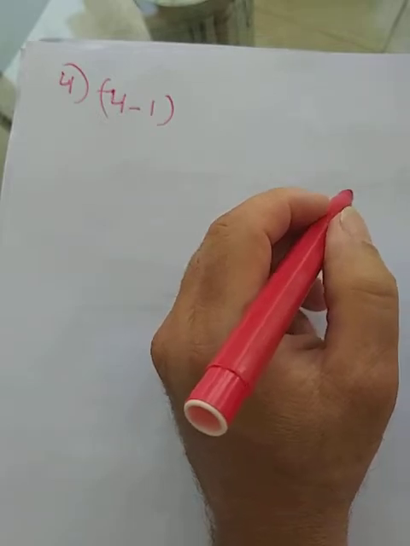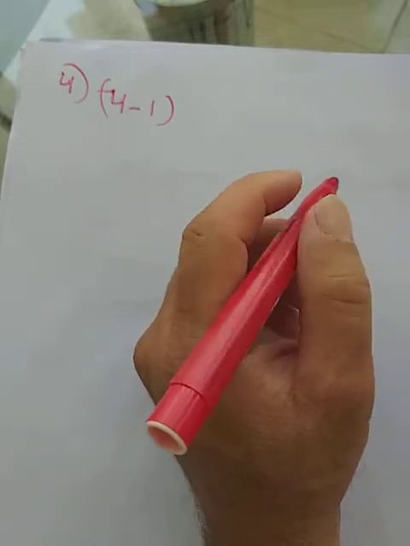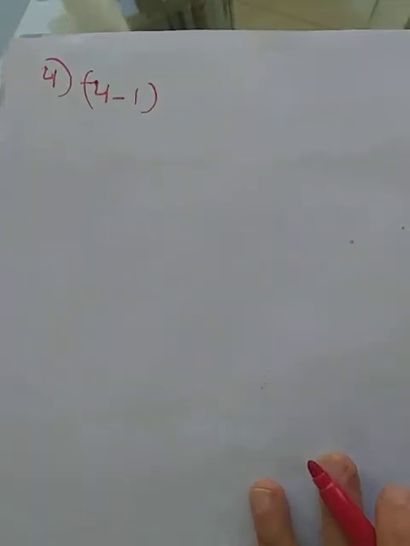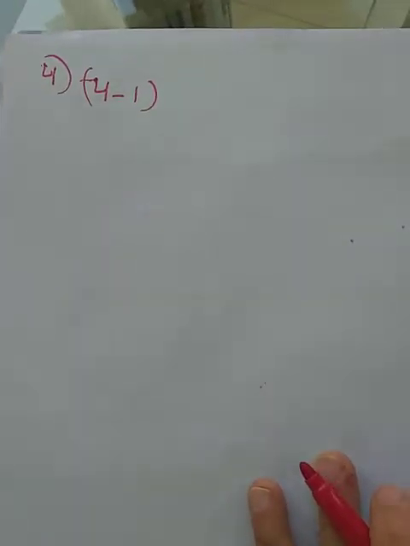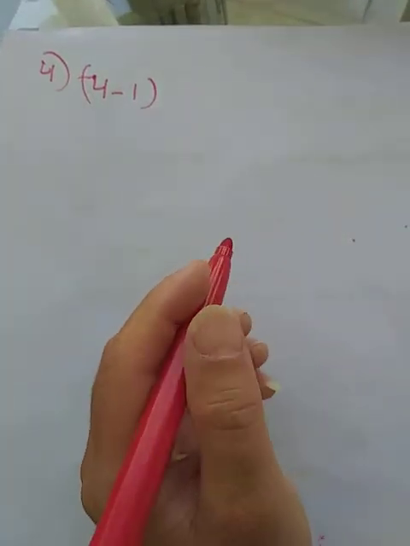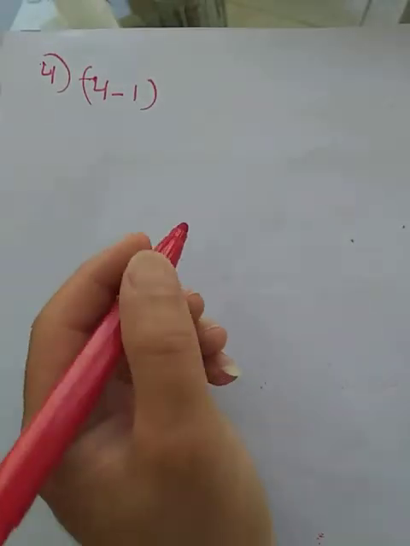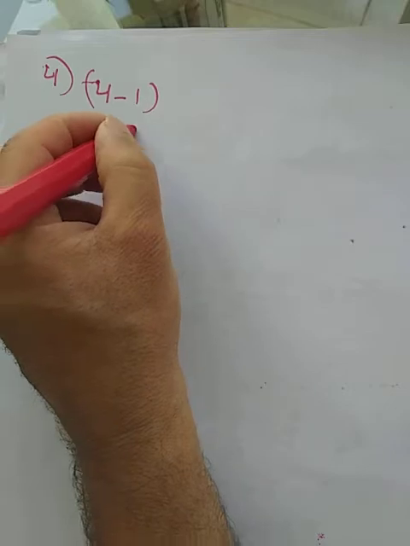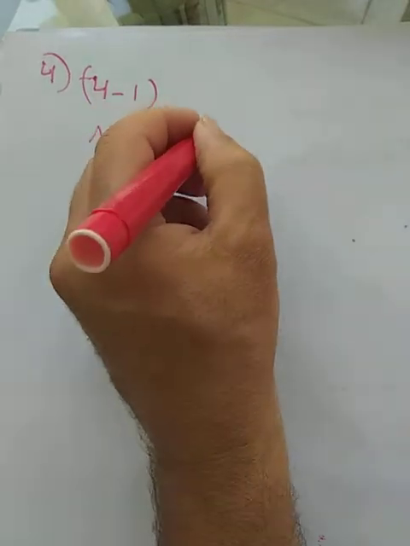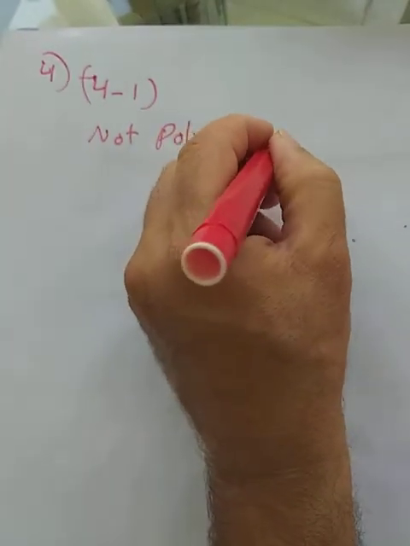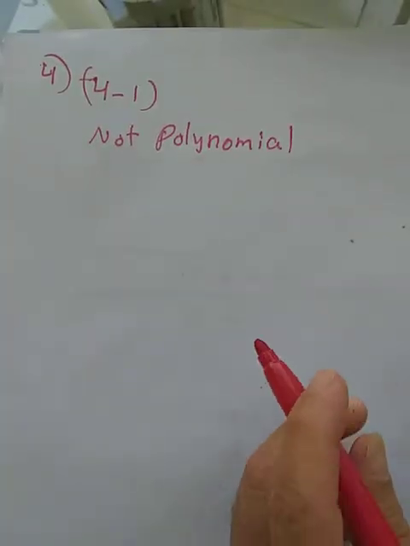What is a polynomial? A polynomial is a letter or a number multiplied by a letter. This one is not a polynomial.